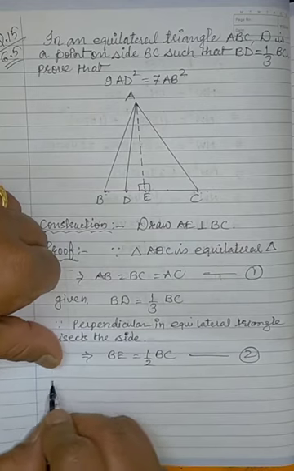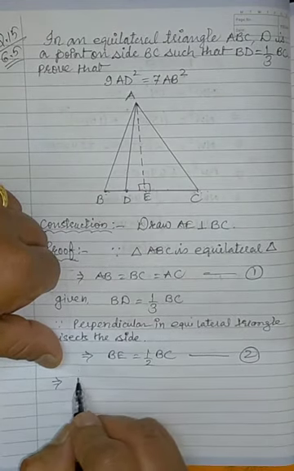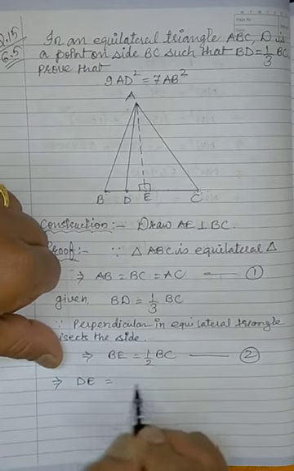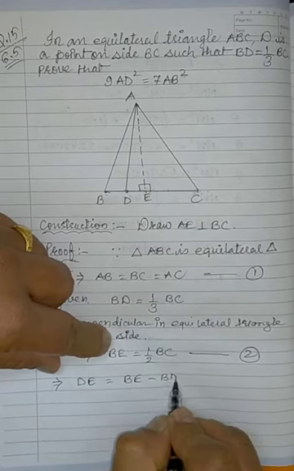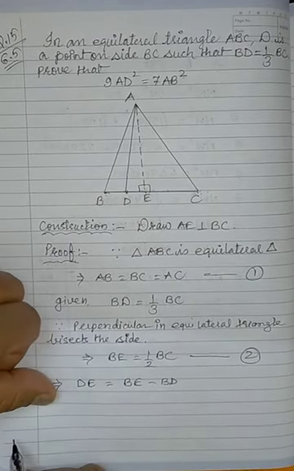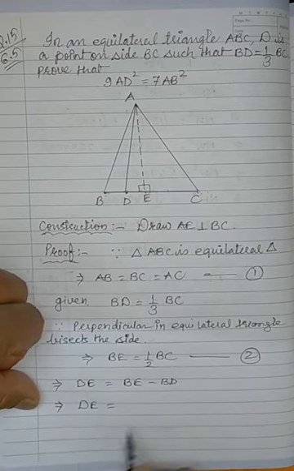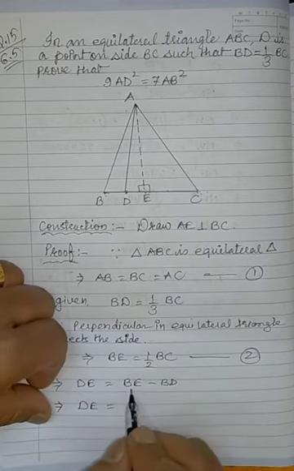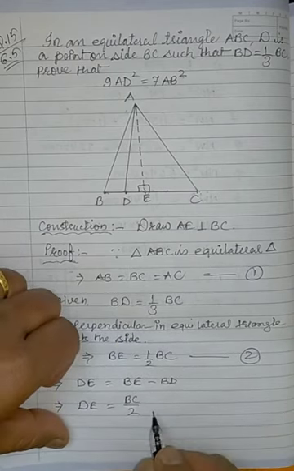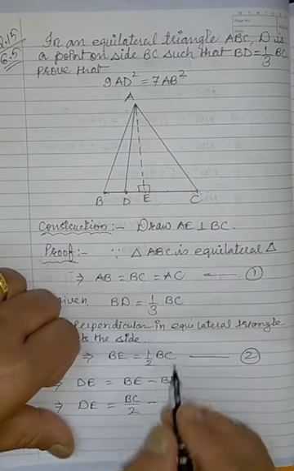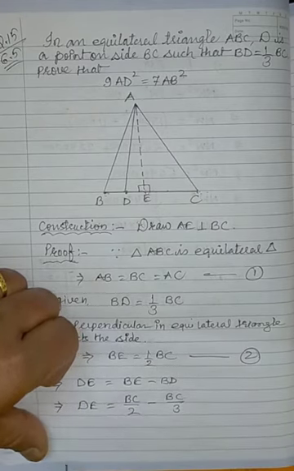That implies we can find out DE also. So DE will be equal to BE minus BD. That implies DE is equal to BE, which is BC by 2, minus BD, which is BC by 3.